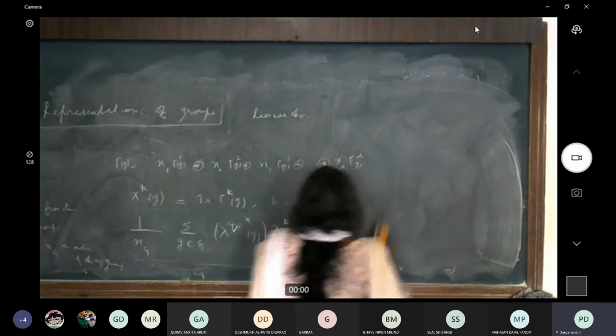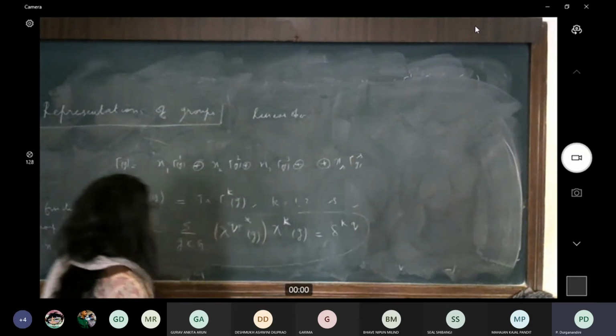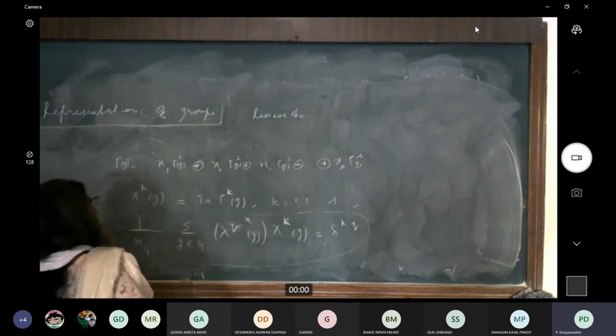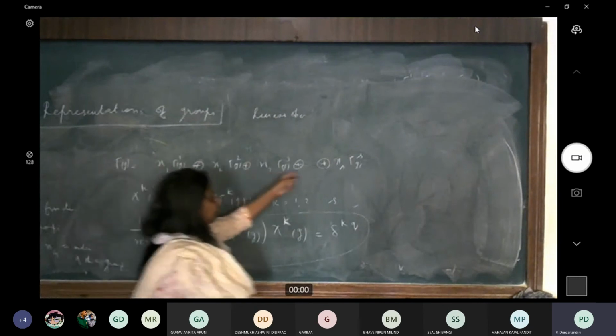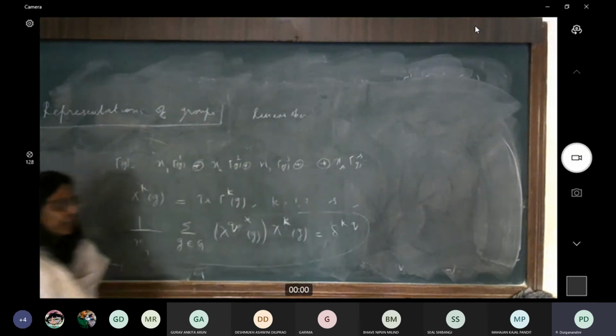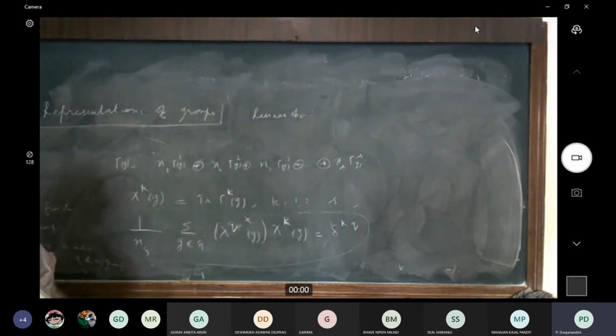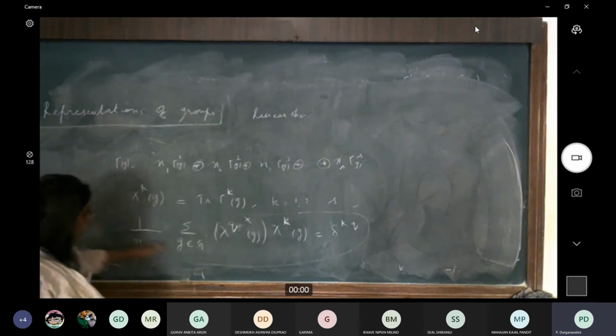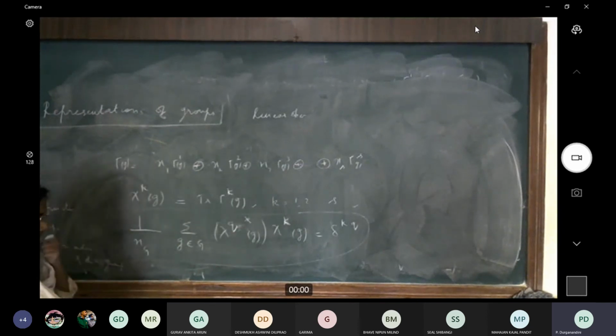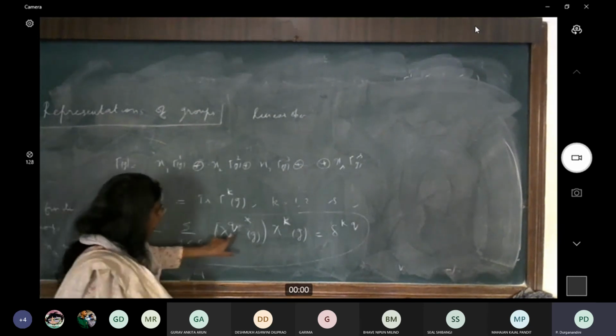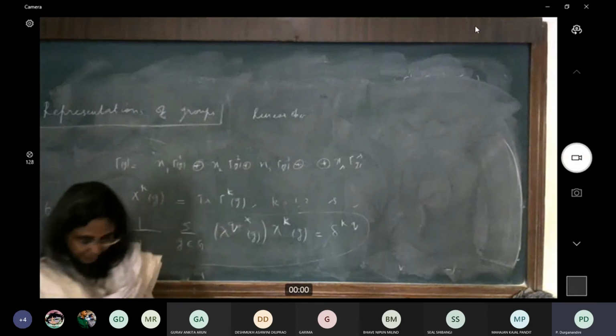So if I think of the characters as vectors, where S is the number of irreducible representations, you can also show that for a finite group the number of irreducible representations is always finite. Then the characters satisfy a certain orthogonality relation, which is represented like this. Again, I want to mention that these are the characters for the irreducible representations.